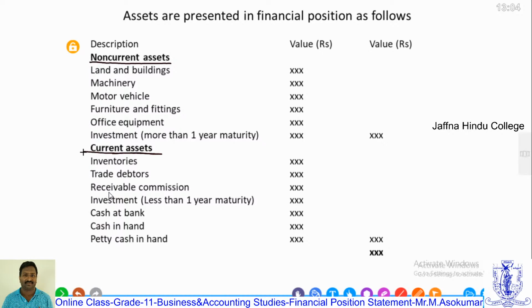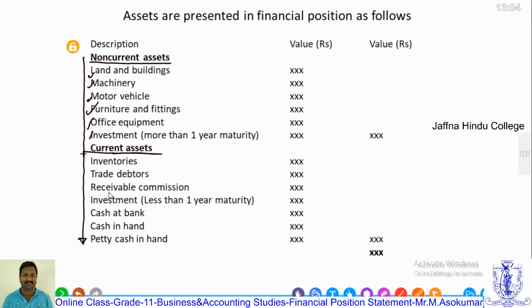Here, the order is made according to liquidity, top to bottom, less liquidity to high liquidity. The land and building, machinery, motor vehicle, furniture and fittings, office equipment, and investments with more than 1 year maturity are listed at the top.